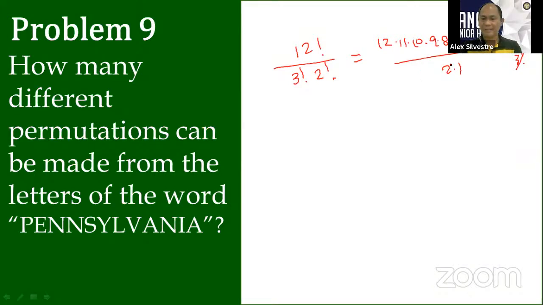Pwede ka na makapag-cancel. Yung 2, we have a lot of number that is divisible by 2 dyan. So, kahit saan dyan ang ika-cancel mo. Gusto mo sa 12 para maging 6. Then, the rest, you have to multiply. 6, 11, 10, 9, 8, 7, 6, 5, and 4. Okay, na-cancel na natin. Then, ang lalabas na sagot nyo is 39,916,800 will be served as our final answer in that given problem.